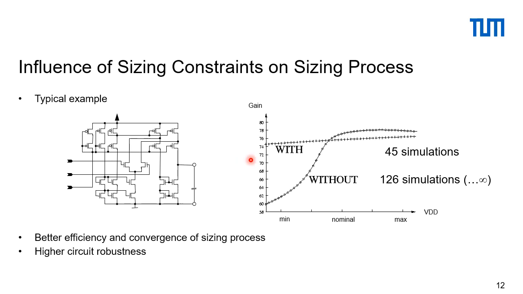And actually, in the end, after looking at these sizing processes, you can also see which constraints are satisfied and which are at the border, which are easily satisfied and which are really active. And very often, if you start an automatic optimization process and you don't use these constraints, that is why here it says infinite, it doesn't even converge at all. So the constraints are really crucial, and the interesting thing is we should automatically know how to extract them from the circuit netlist.